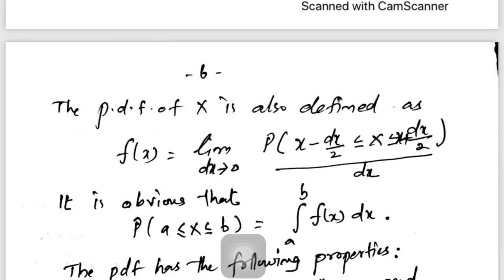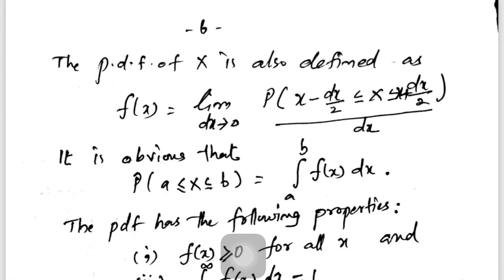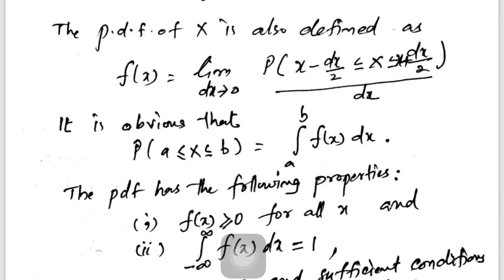Okay, and from the definition of f of x and from calculus, it is known that the probability that x lies in an interval a to b is equal to the integral from a to b of f of x dx.